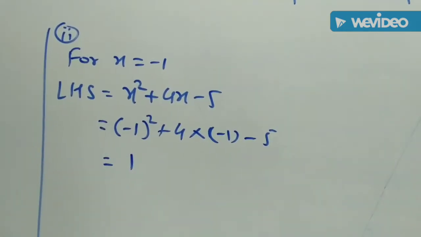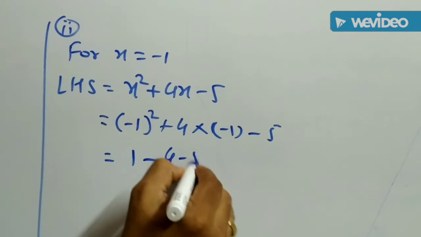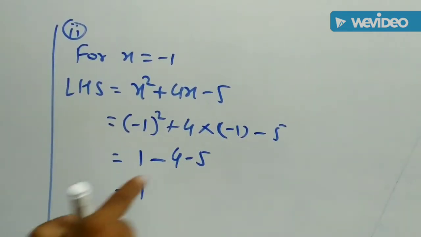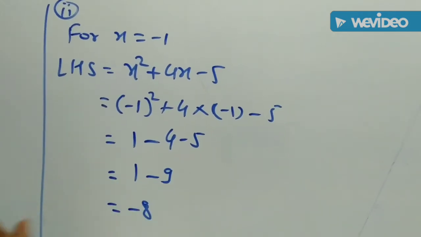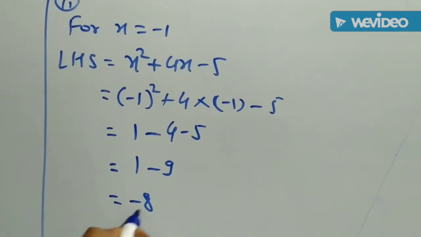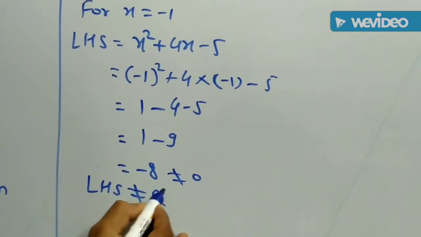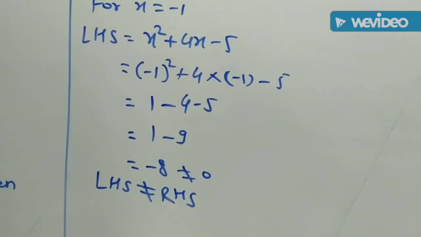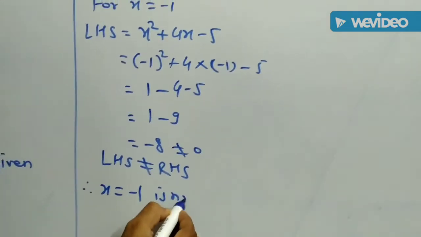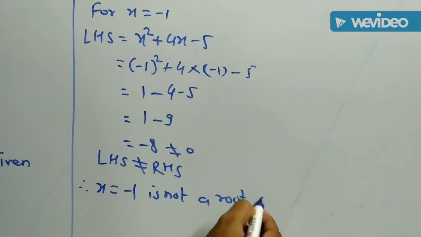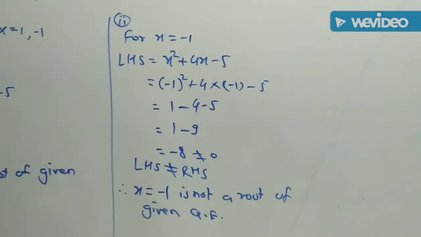Square of minus 1 is 1, plus into minus, minus 4 ones are 4, minus 5. 1 minus 4 minus 5, that is minus 9, and 1 minus 9, that is minus 8, which is not equal to 0, and therefore LHS is not equal to RHS and therefore x is equal to minus 1 is not a root of the given quadratic equation.